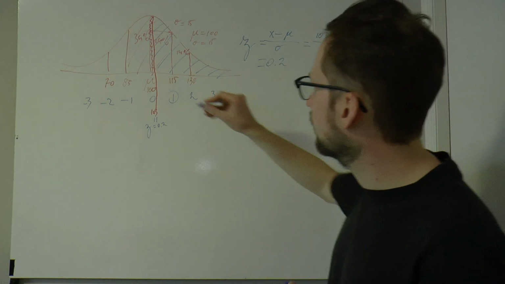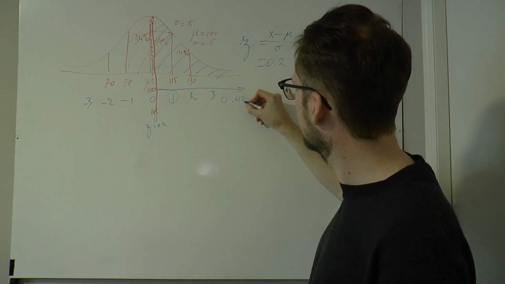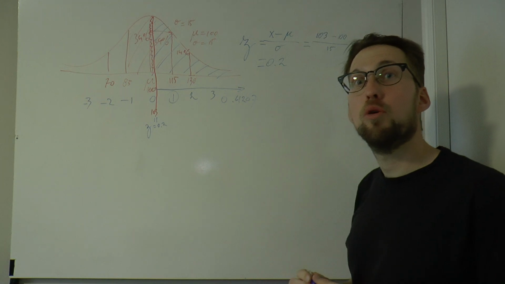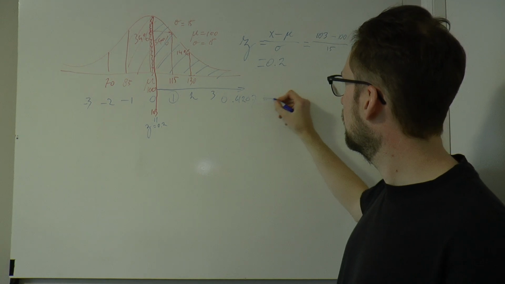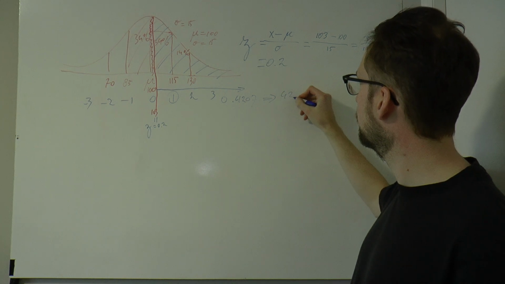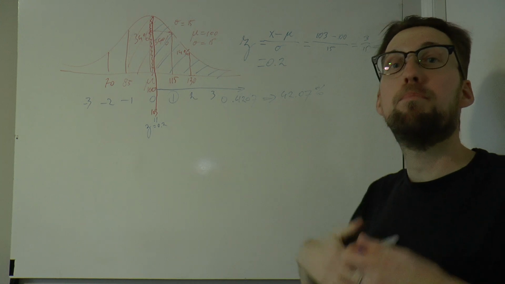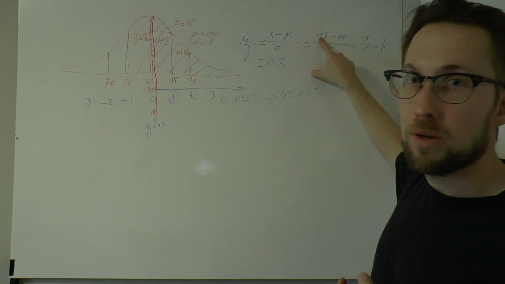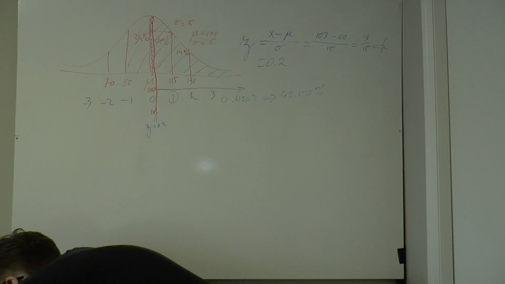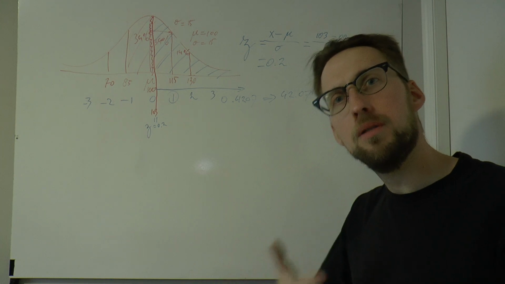And this tells me that's the proportion of people, and if you find proportions hard to deal with, multiply them by 100, and then you get 42.07%. 42.07% of people have an IQ equal to or higher than Mr. Vomit Bucket. Not too bad, is it? Practice with the table, it'll become easier.